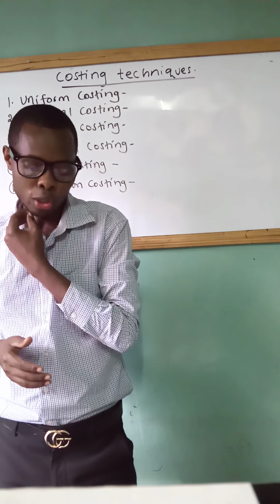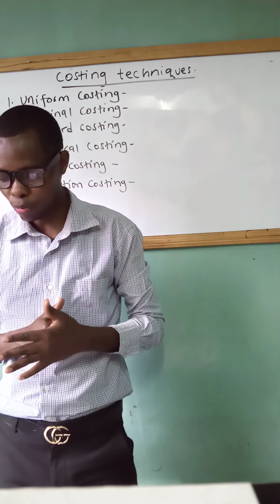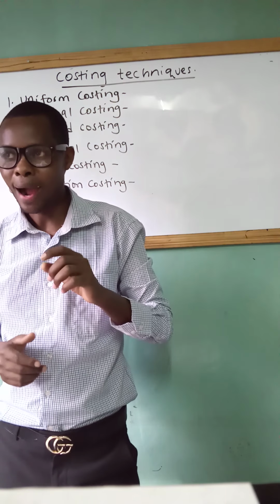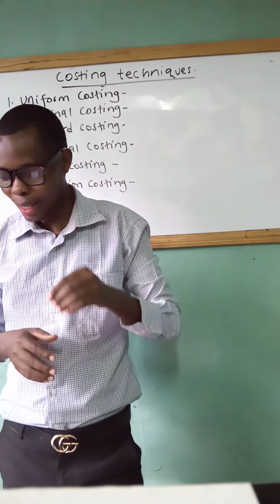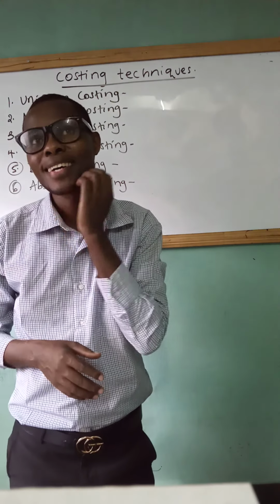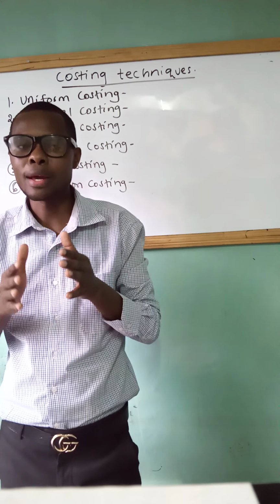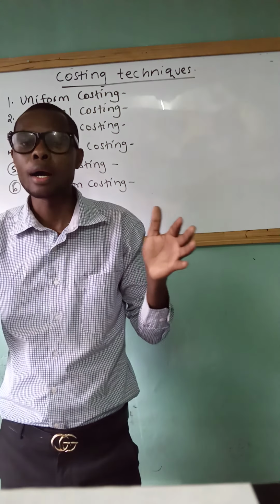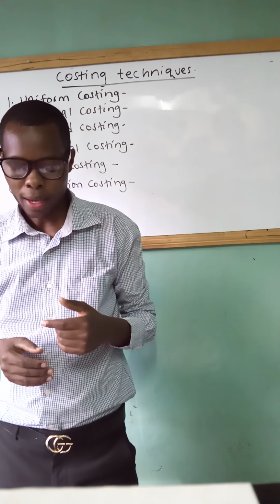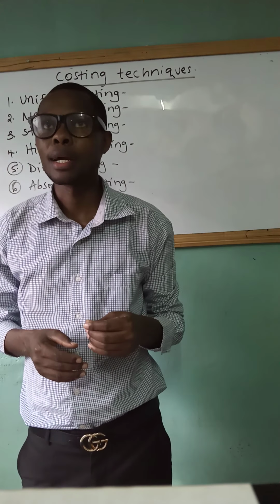All right, marginal costing. Now, under marginal costing, what happens is very simple. We arrive at this cost by comparing what we call the fixed costs and variable costs. Once we bring together the fixed costs and the variable costs, then we come up with the cost in terms of marginal costing. For example, examples of fixed costs include costs like that of electricity.